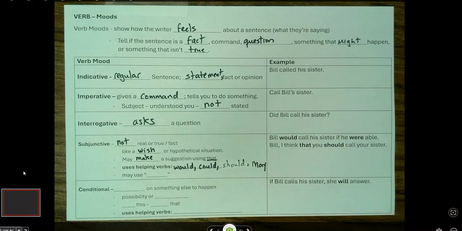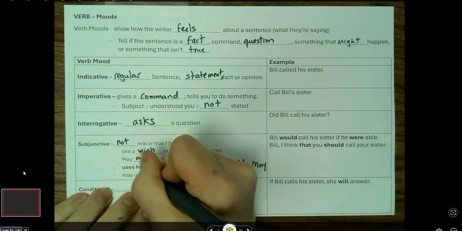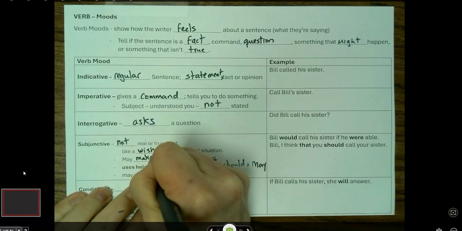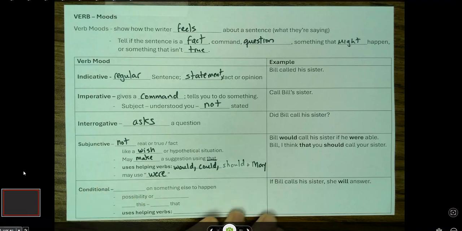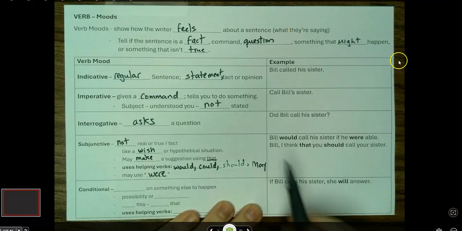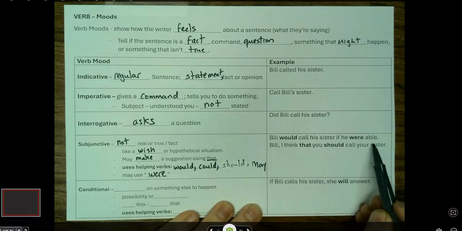Okay? And it may use were. And I'll explain that in just a second. So if we look here over at our sentence examples, we have Bill would call his sister if he were able to.